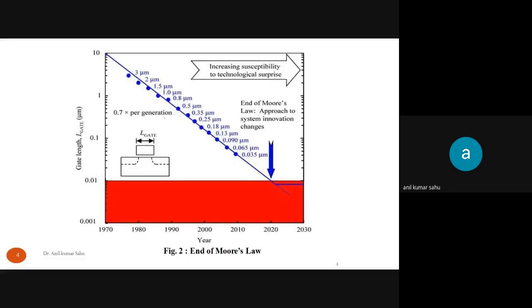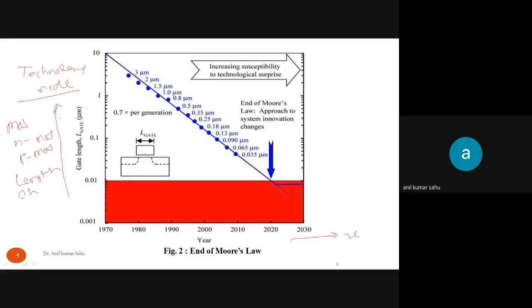So this is the progress of Moore's law. Here you can see the figure from year 1970 to 2000 on the x-axis, and on the y-axis the device technology node. For a MOSFET, either NMOS or PMOS, the channel length plays a very important role.